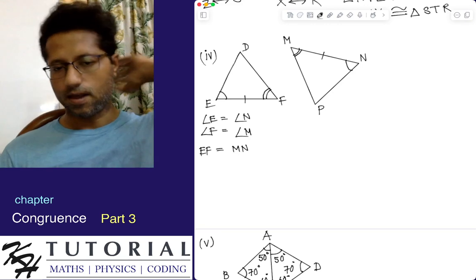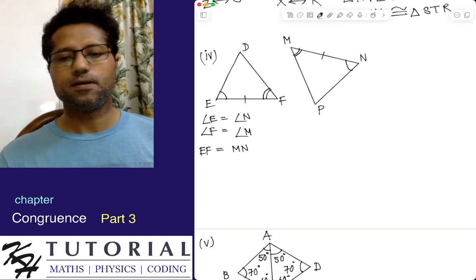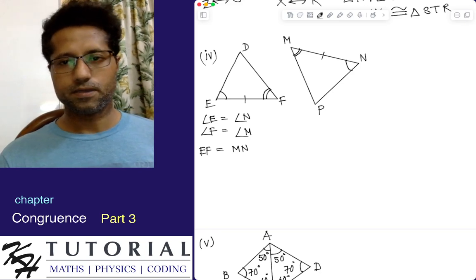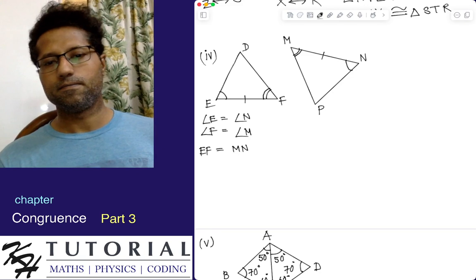So two angles and one side, and the side is the included side between the two angles.